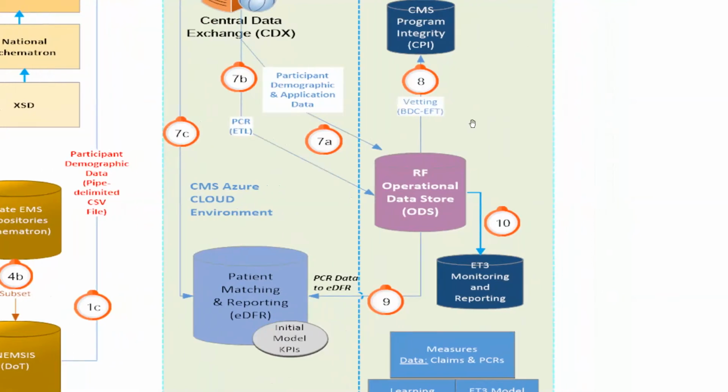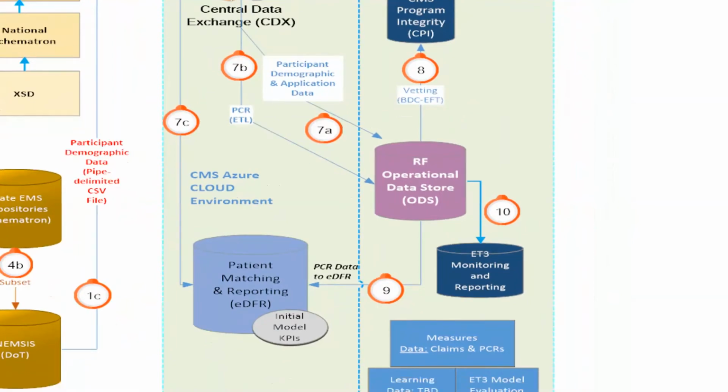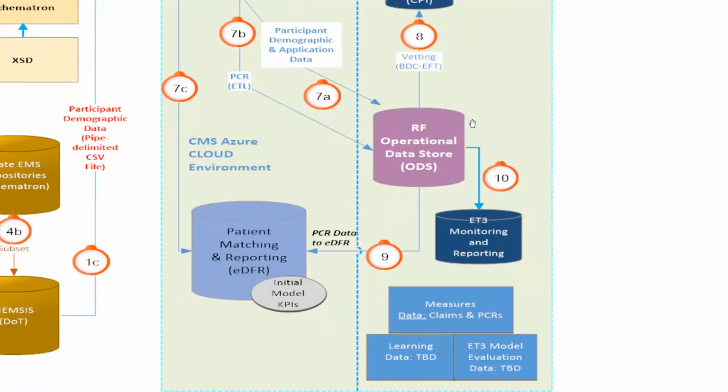Finally, with flow number 10 here, there is a level of monitoring and reporting, evaluation reporting. So I'm going to show you the boxes at the bottom here. We have measures that we've come up with. And again, those measures in some cases rely on data from claims as well as PCR data. We also have a learning domain, if you will, that is going to use some of this data.